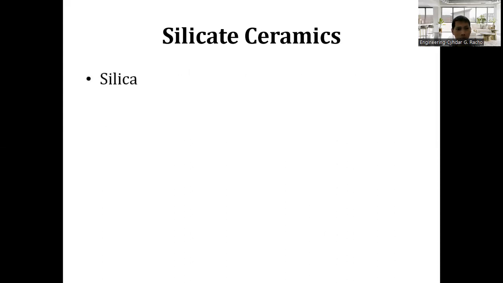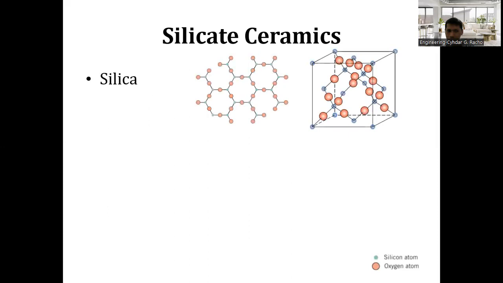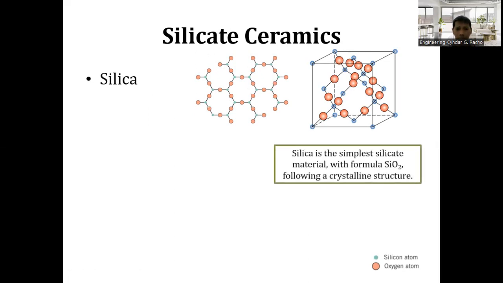One is silica. This is the structure of silica. It is the simplest silicate material with a formula of SiO2 following a crystalline structure.